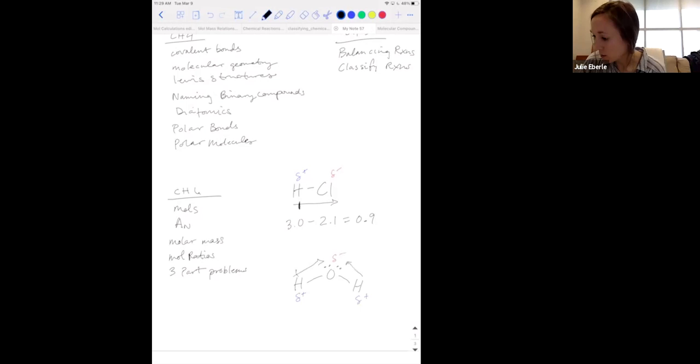Now, some people would say, oh, these cancel out. No, they don't. They only cancel when they're pointing opposite directions. So if you have dipoles that you draw in like this, pointing left and right, and the arrows are pointing opposite directions, sure, these would cancel. But on water, both of them are pointing the same direction, so they don't cancel. Okay, so that's a little bit of a review on polar bonds and molecules.